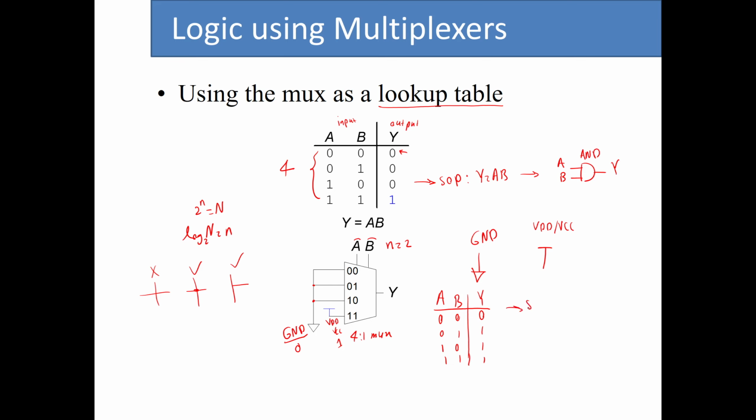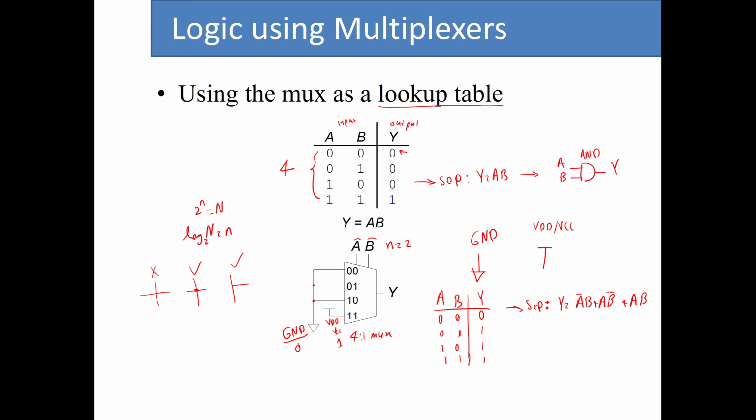So if I use, let's say, the sum of products, I need to go through the rows of the truth table, find out which ones are 1, and then write down the minterms associated with each one of them and write down the final function. So Y would be A bar B plus A B bar plus A B.